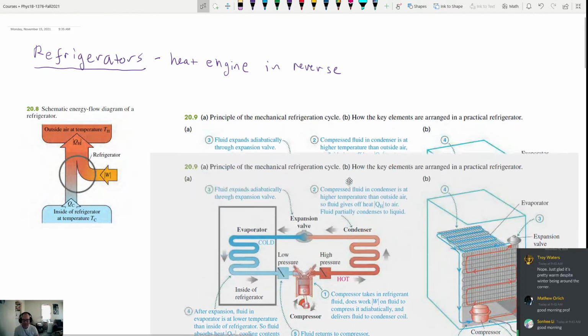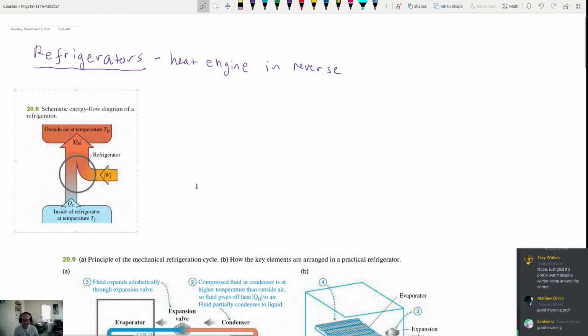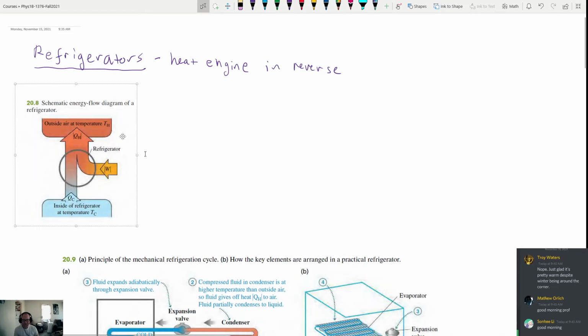Okay, let's talk about the math of this. So in this picture, if this is our system, right? Think of the circle right here to be our system. What would the sign of QC be? Is it going to be positive or is it going to be negative? Is it less than 0 or is it going to be greater than 0?